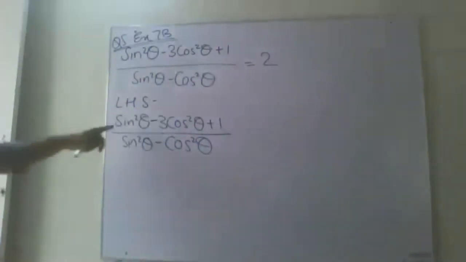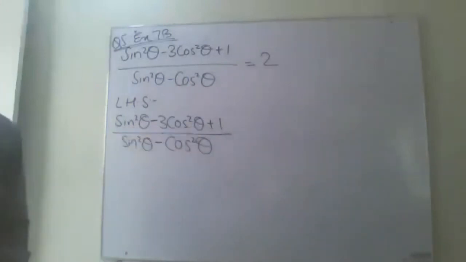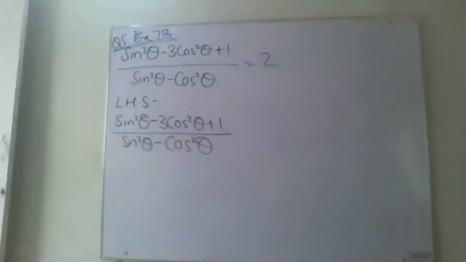First thing, I can see 3 terms here in the numerator: sine square theta minus 3 cos square theta plus 1. This is my first time, I haven't solved this question. It is an alien question to me, just like to yourself.